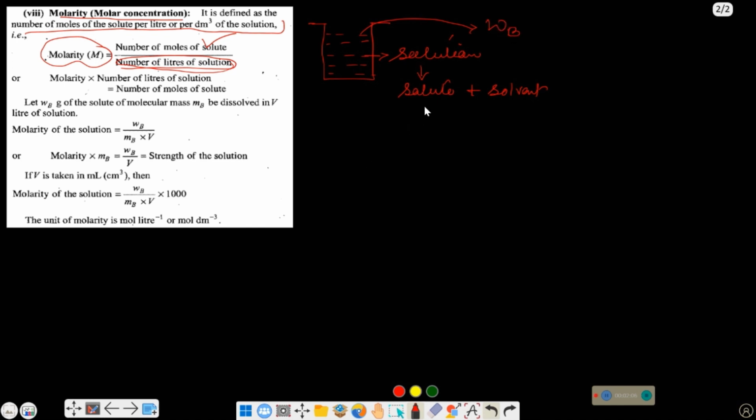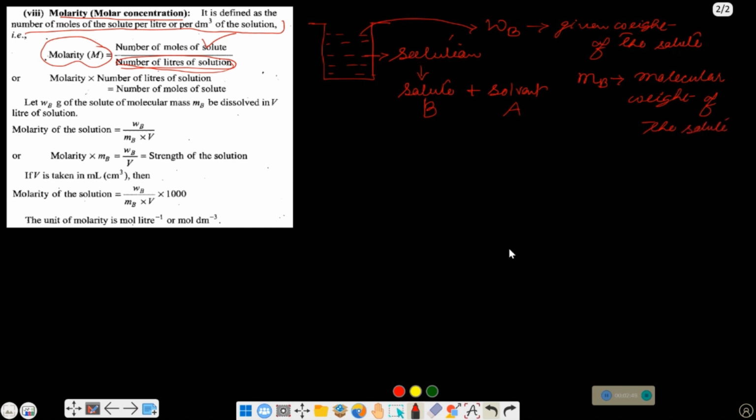Let the solute be B and the solvent be A. Then WB is the given weight of the solute, and if MB is the molecular weight of the solute, then we can find out the number of moles of the solute.